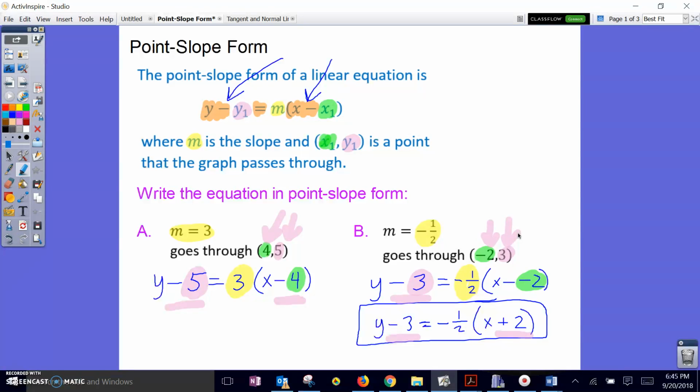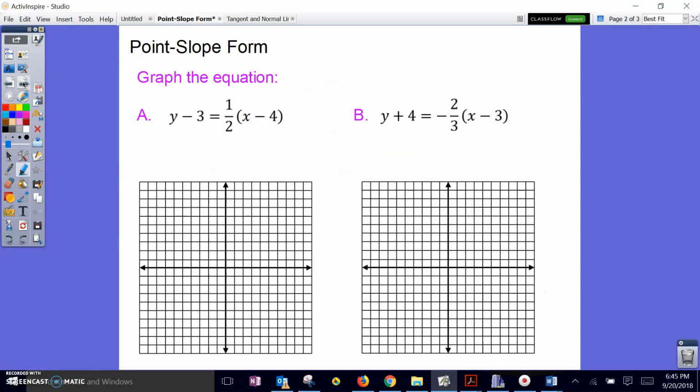Alright, let's go on, and we're going to use the fact that these are in point-slope form to graph the equation. Okay, so we can identify pieces of information from this equation. First of all, the number in front of parentheses here is the slope.